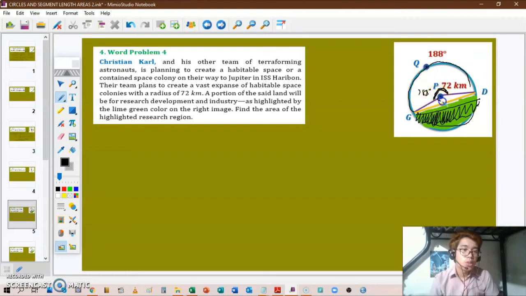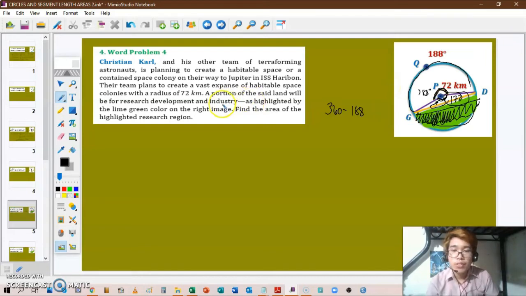And to get the measurement of this angle right here, this is the angle that we want to find, we simply have to subtract 188 from 360. And 360 minus 188 gives us 172. So that means that the central angle here is 172 degrees.